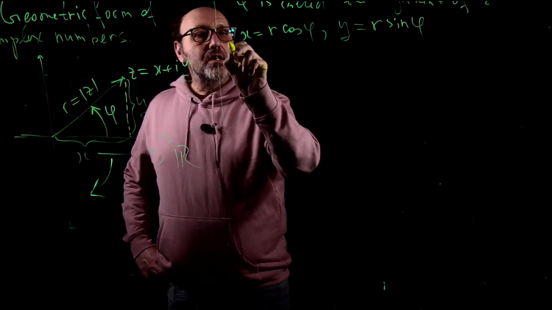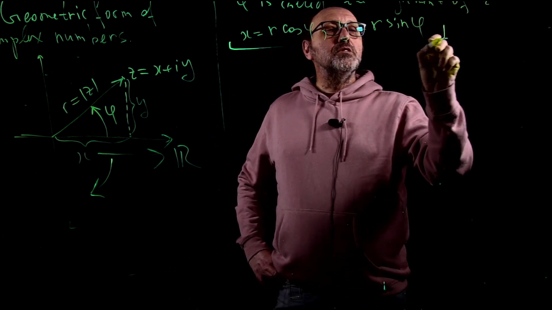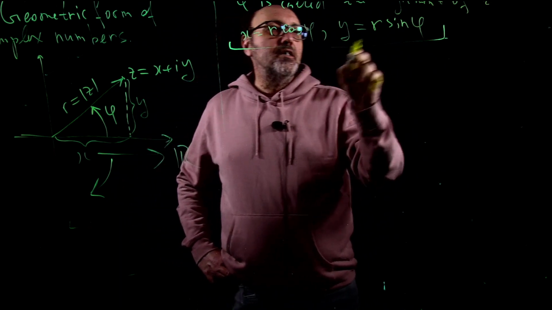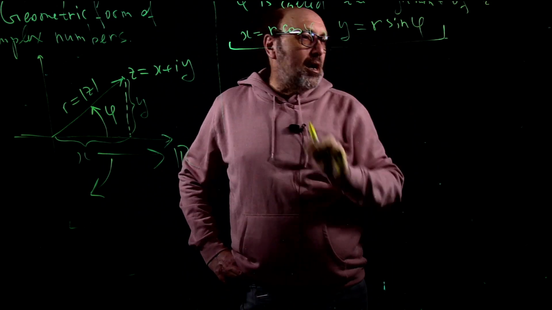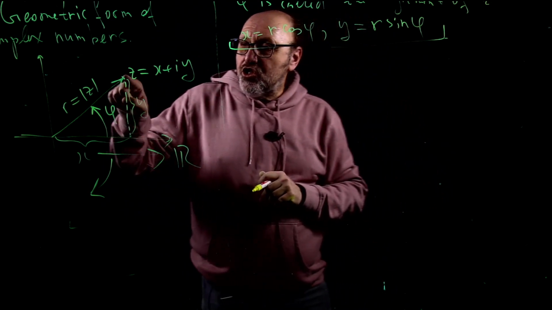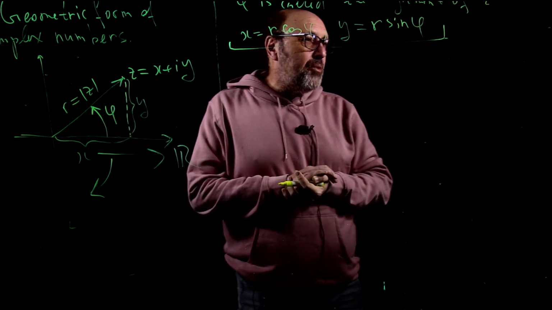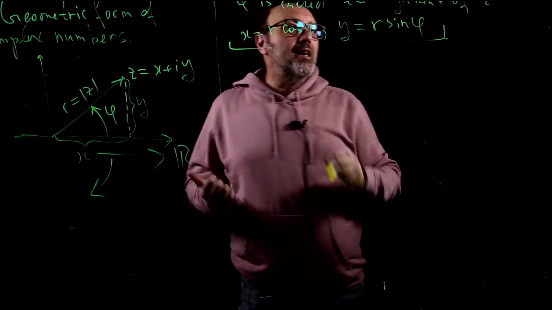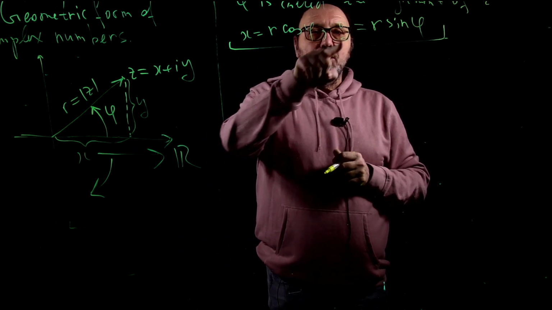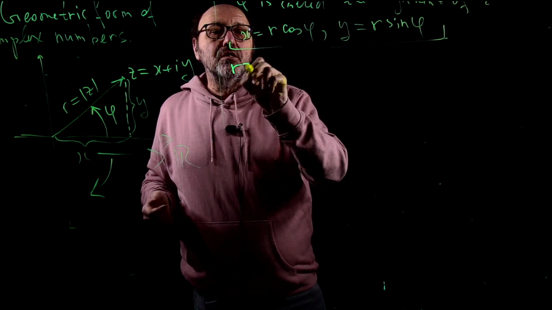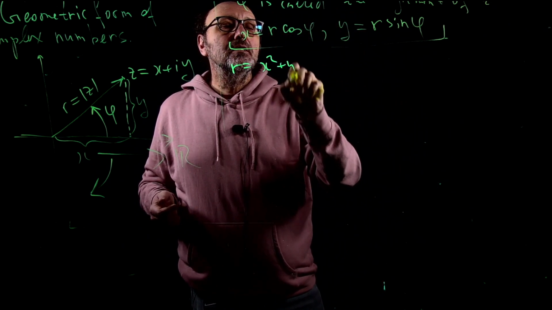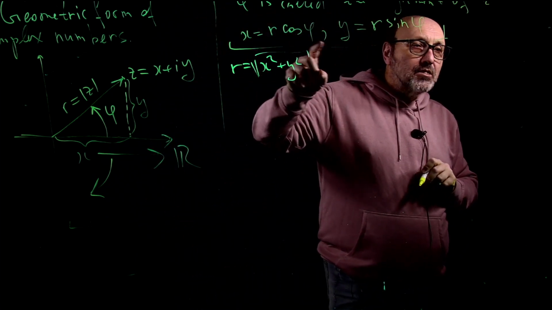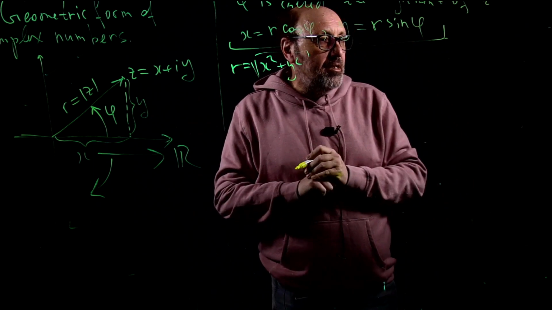Of course, if you know r and phi, then x and y are uniquely determined. That is, geometrically, the position of your point on the plane is determined. But if x and y are given, then of course you can find r immediately, right? However, there are infinity of angles phi satisfying these equations, right?